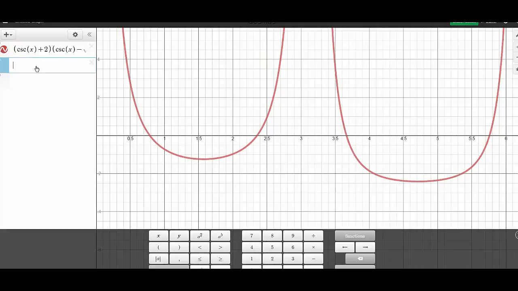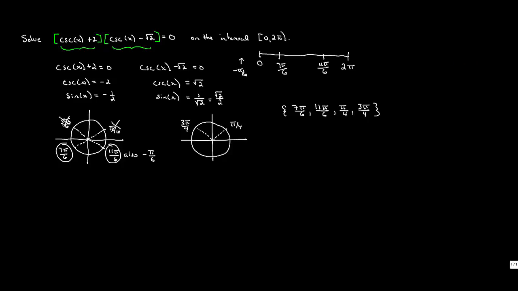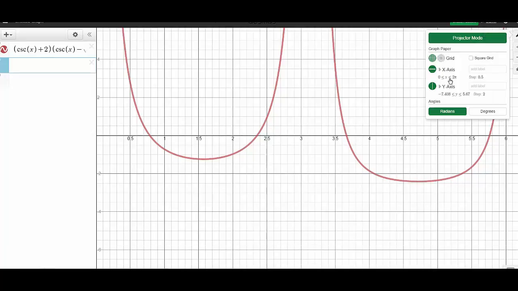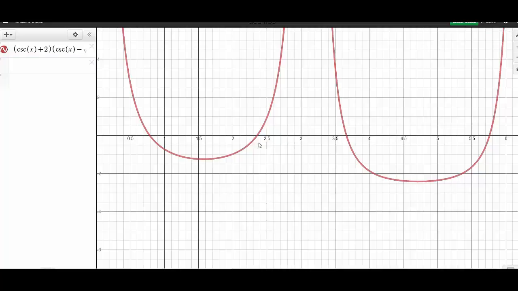There's the first guy, and we want to know when that is at a height of 0. We'll make sure our interval is set, so we want to go from 0 to 2 pi. That looks good, so we'll click and we'll get our solutions.